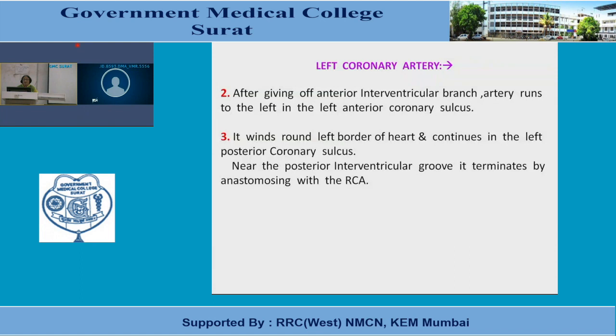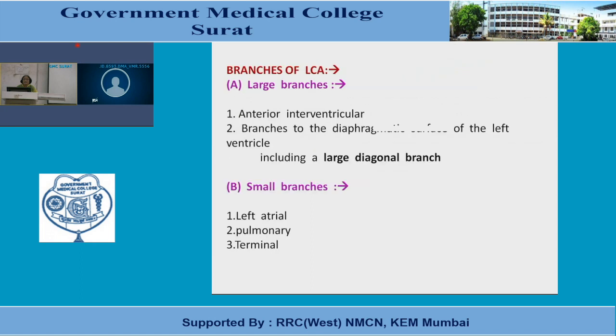So the right coronary artery anastomoses with the left posterior coronary sulcus branch there. Now what are the branches of the left coronary artery? Major branches and minor branches. The large branches are the anterior interventricular branch and branches to the diaphragmatic surface of the left ventricle, including the large diagonal branch.